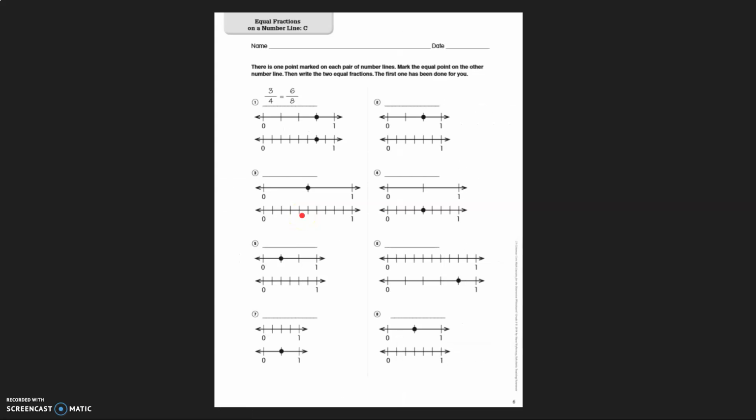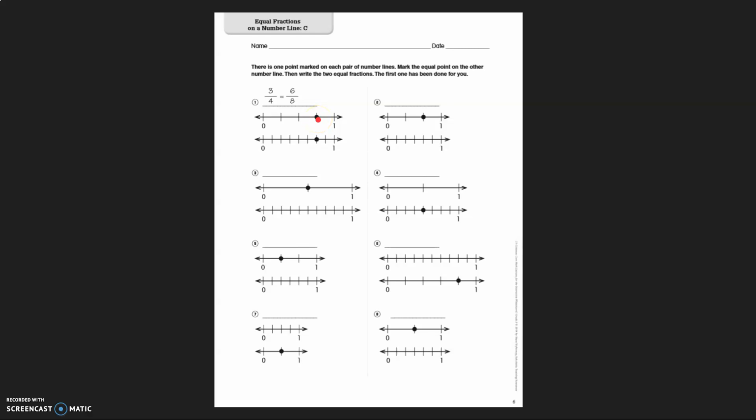it says there is 1 point marked on each pair of number lines. Mark the equal point on the other number line. Then write the 2 equal fractions. The first one has been done for you. Okay, so the first one, this dot was given to you.